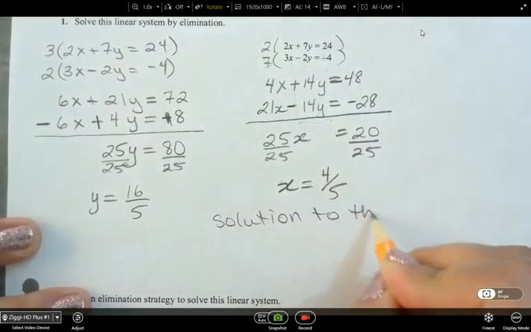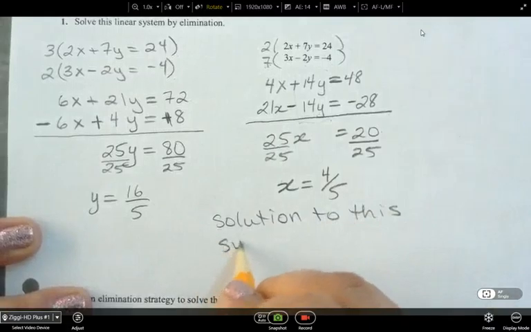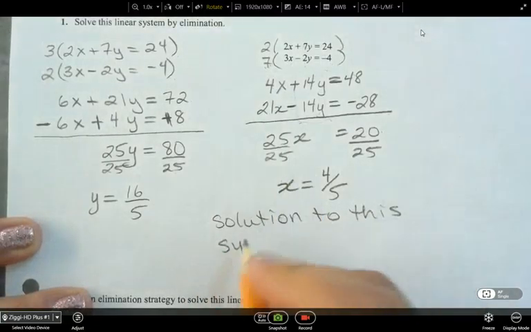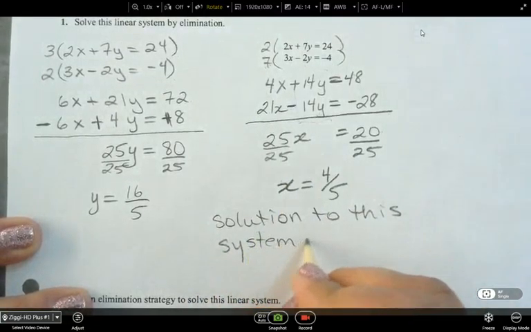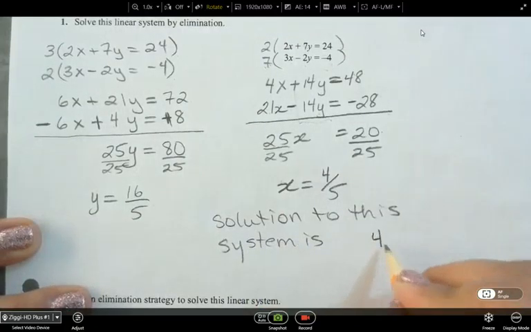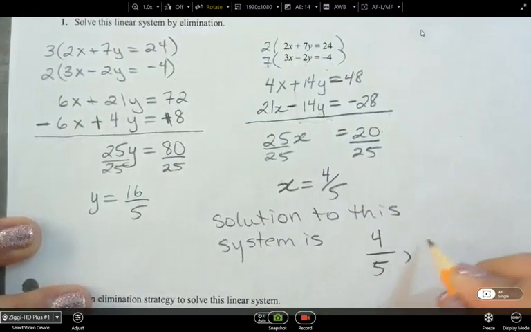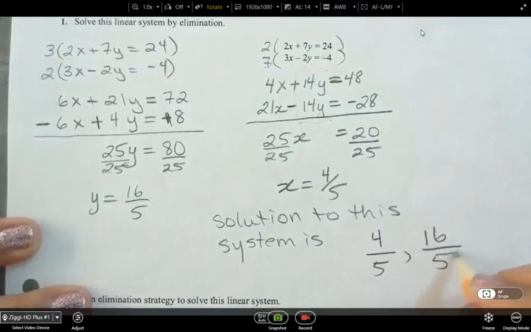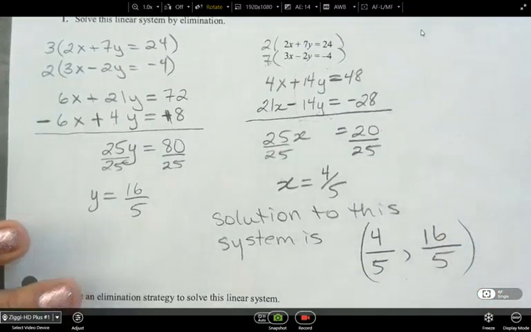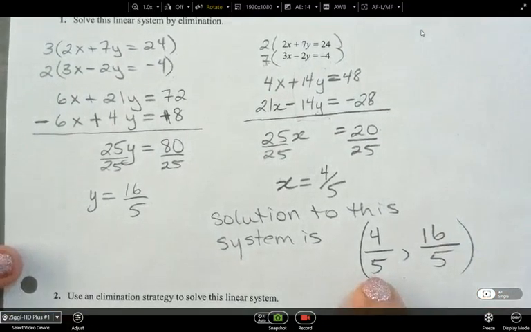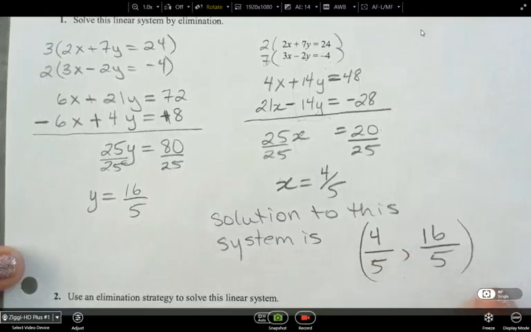The solution to this system is, write it as a set of points. So it's a coordinate point. Make sure you have the x value first, then the y value, a comma in the middle, and brackets around it.